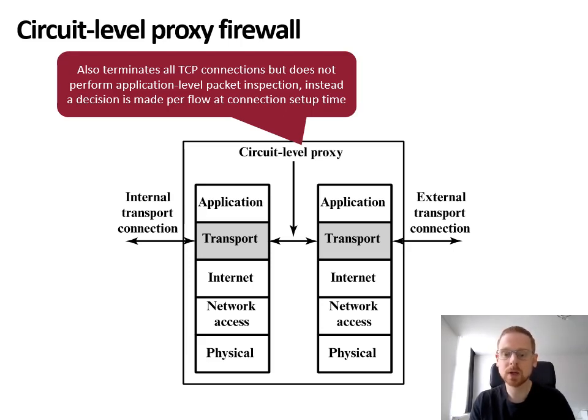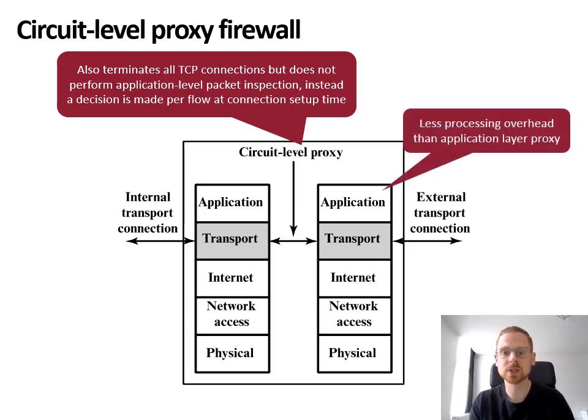It will only intercept the first packets of a TCP connection while it's being set up, then decide whether or not to allow this connection, and once it's been allowed, it will just relay all the packets. As such, it is less processing overhead than an application layer proxy, as it's only doing computations when the connections are being set up.